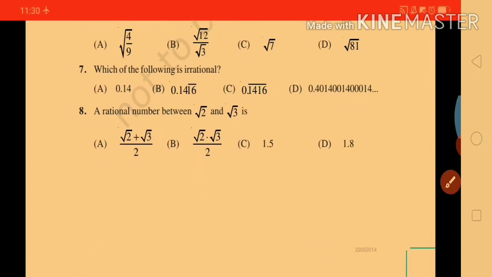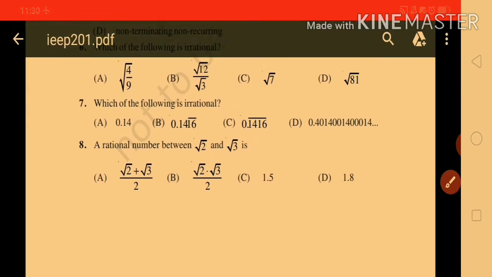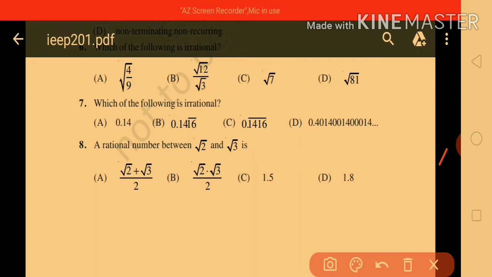Now come to question number 7. Which of the following is an irrational number? We know that according to the definition of an irrational number, a non-terminating, non-recurring decimal is an irrational number, right? So let us check 0.14. It is terminating, so it is a rational number.